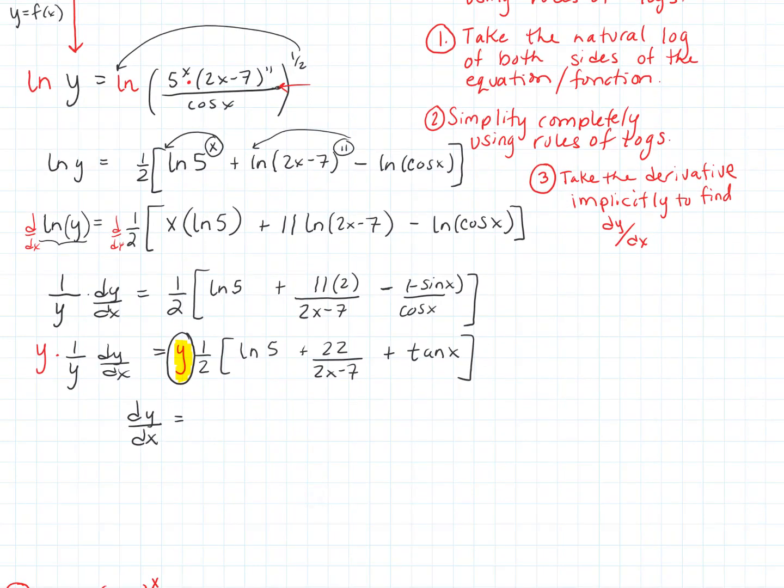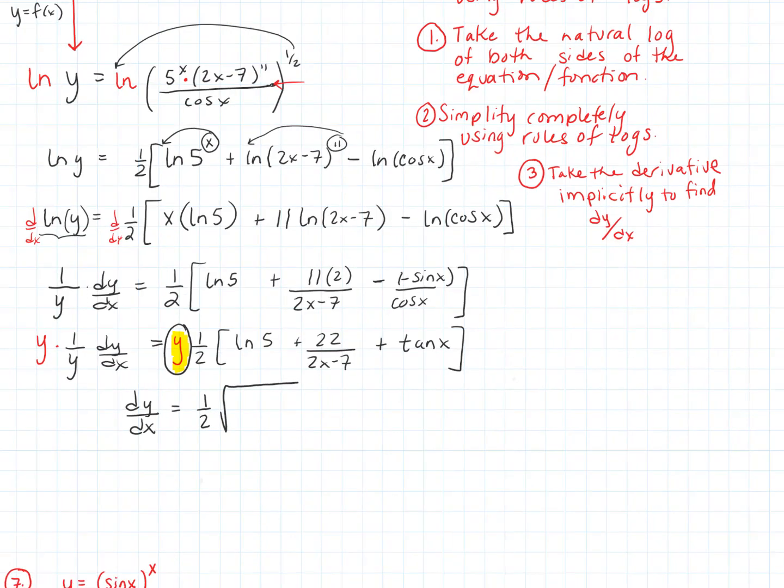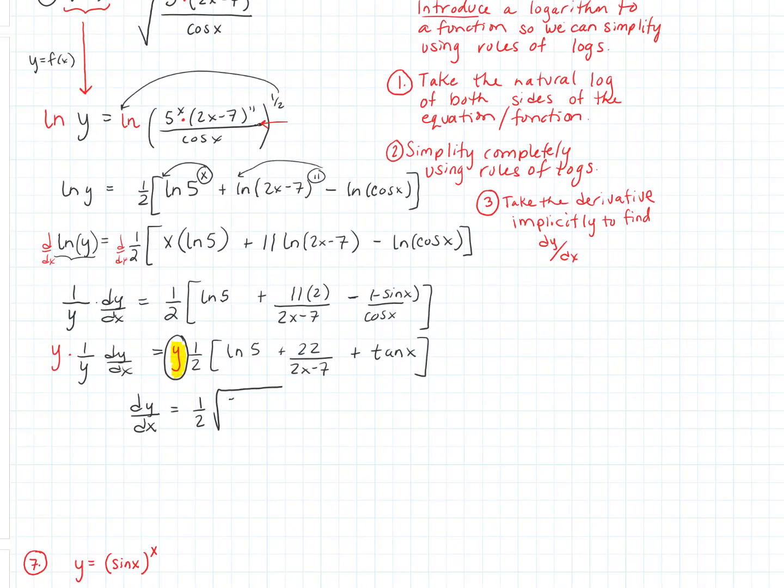So I end up with 1/2. My last step is I'm going to back substitute in y. So I'm going to end up with 1/2 times the square root of 5x times 2x minus 7 to the 11th over cosine of x times, and by the way, I put the 1/2 out in front, times natural log of 5 plus 22 over 2x minus 7 plus the tangent of x.